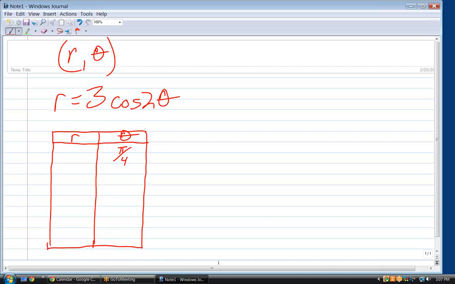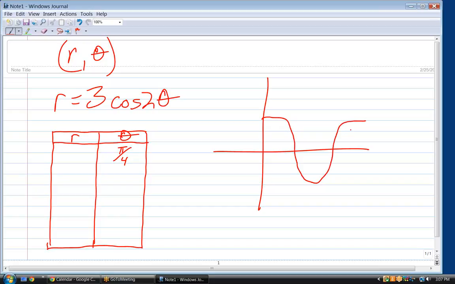That's one you should know. You can put it in your calculator, but you should know the cosine of pi over 2. You want to always be able to redraw cosine and sine curves. This is pi over 2 right there. So r is 0.